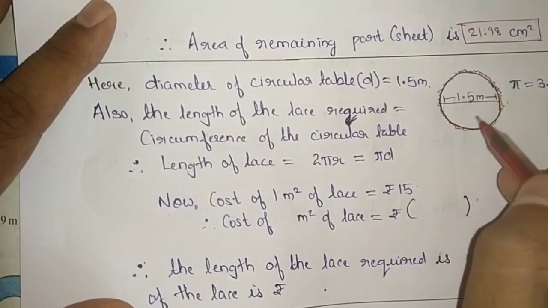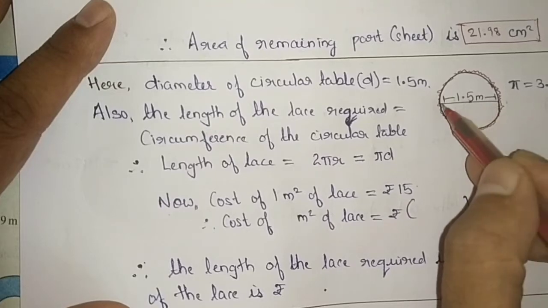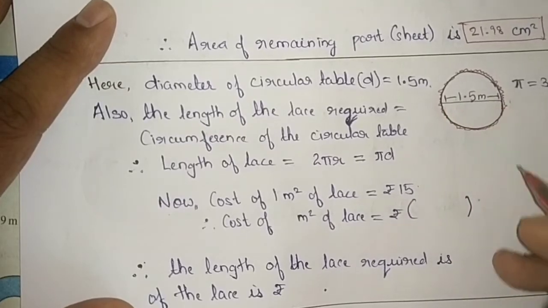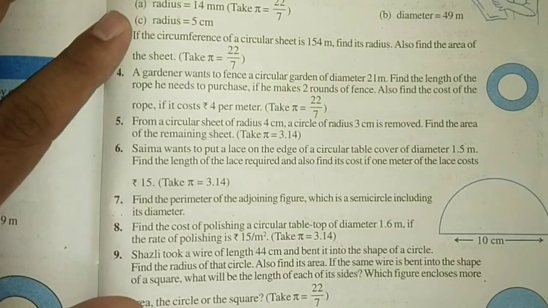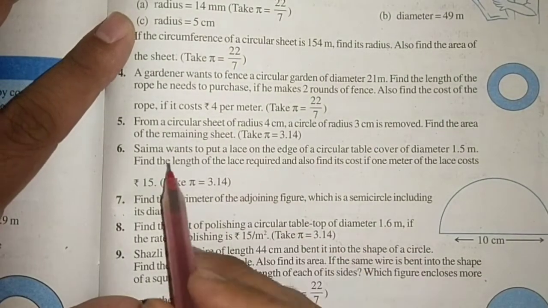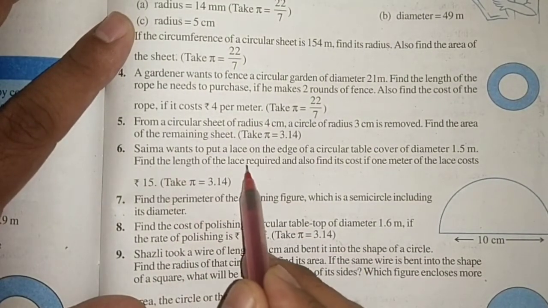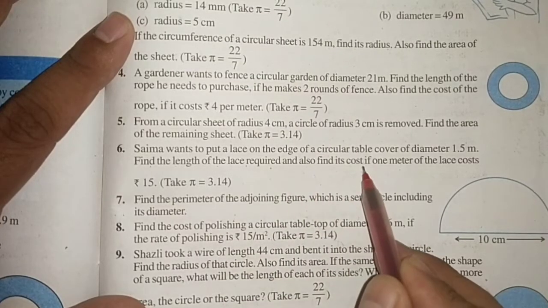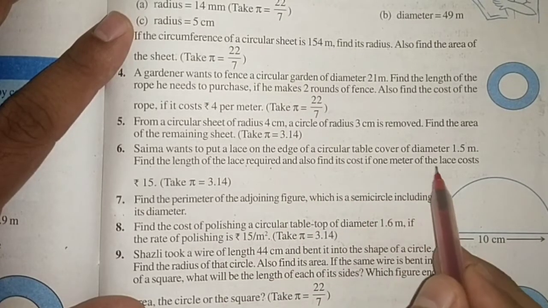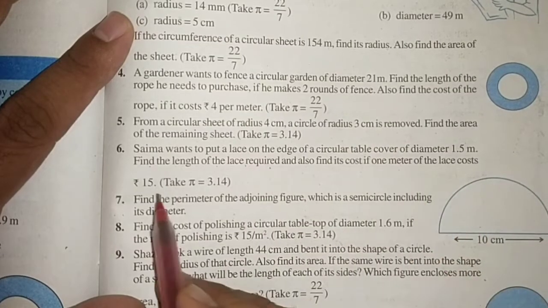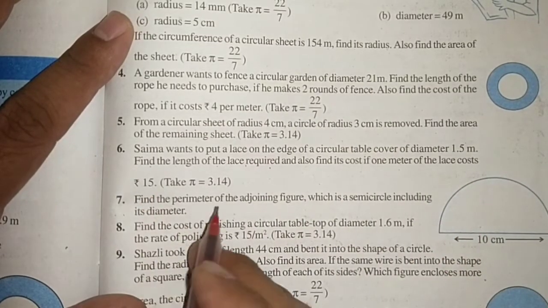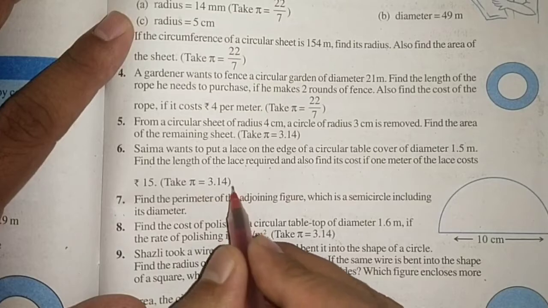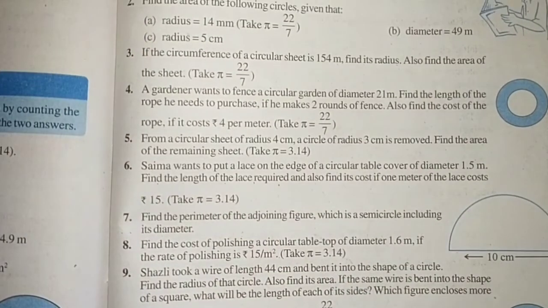That circular table has diameter 1.5 meter. Let us read again the next line. Find the length of the lace required and also find its cost if 1 meter of the lace costs rupees 15. Take pi is equal to 3.14.